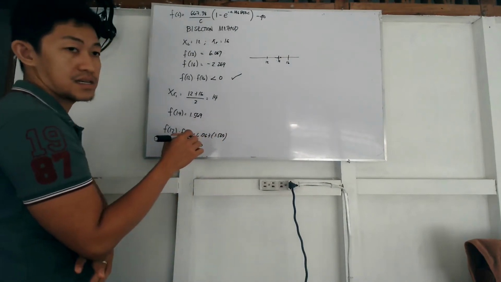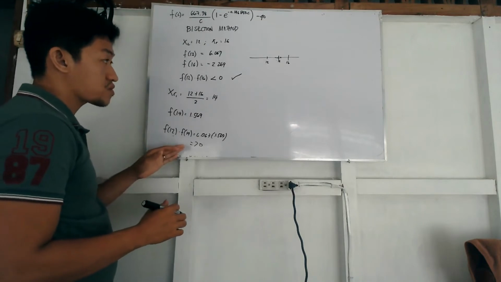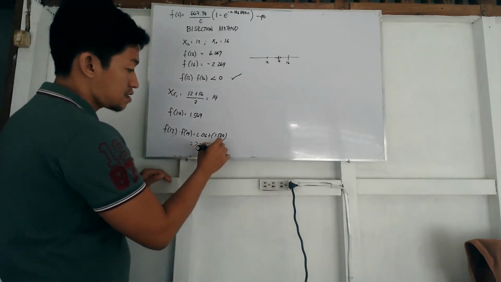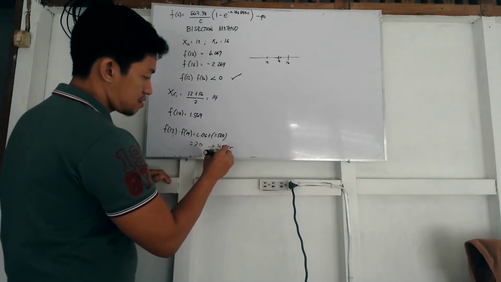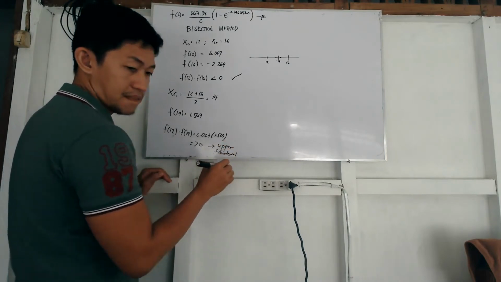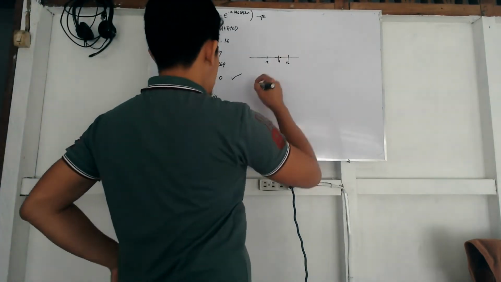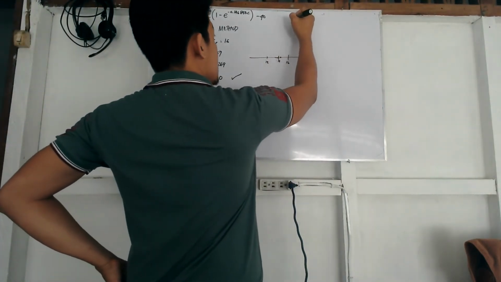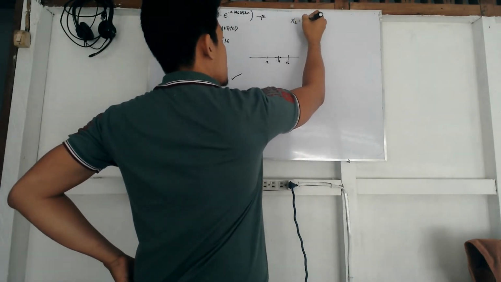If the root belongs to the upper subinterval, set xl equal to xr1.